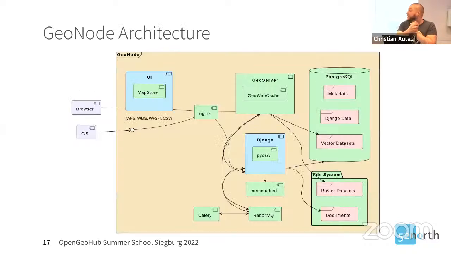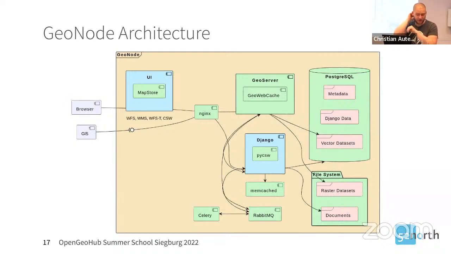Now have a look at the architecture. So this is basically GeoNode. GeoNode consists of multiple components. The core of GeoNode is basically a Django application we see in the center. Django is a Python framework for web development, and it uses a custom UI with a WebGIS component called MapStore.